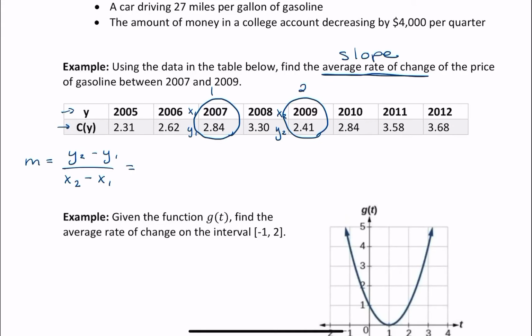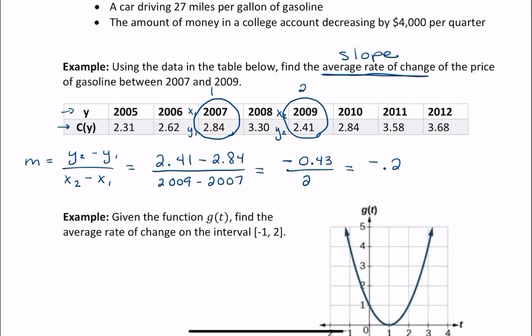So when you set this up, you're going to have $2.41 minus 2.84 over 2009 minus 2007. Now you notice that that is decreasing, so you're going to have a negative slope. So you're going to have negative 0.43 over 2, and when you plug that in, it's negative 0.215.